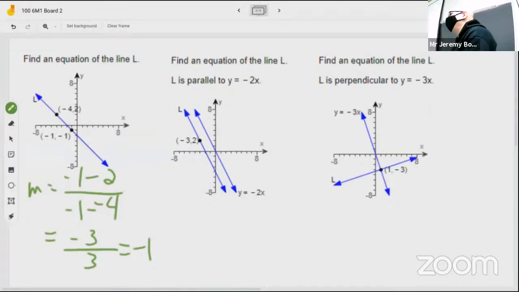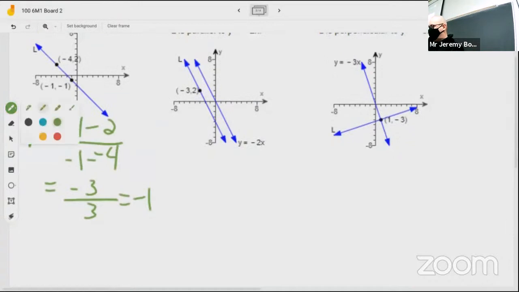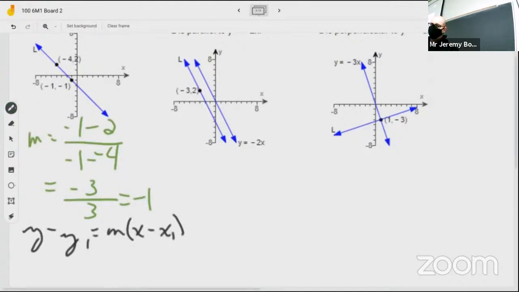Now what we need to do is plug that in point slope form. That's y minus y sub 1 is equal to m times x minus x sub 1. And so for us, that's going to be y minus, I'm going to use that negative 1 point. You can use negative 4 comma negative 2 if you want. Does not matter. So that's going to equal negative 1 times x minus negative 1.